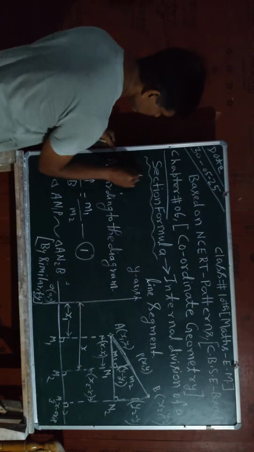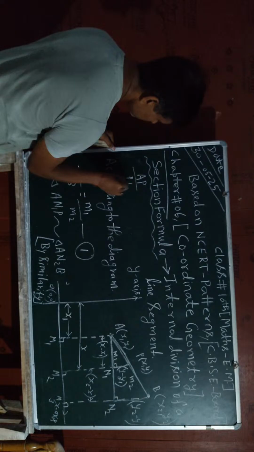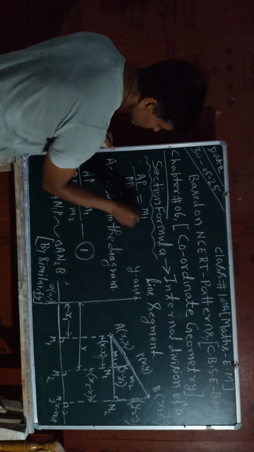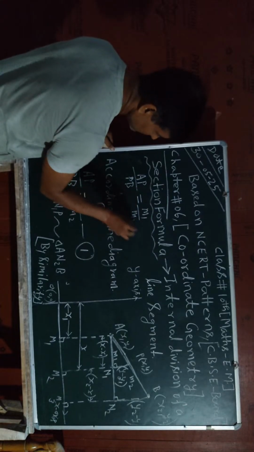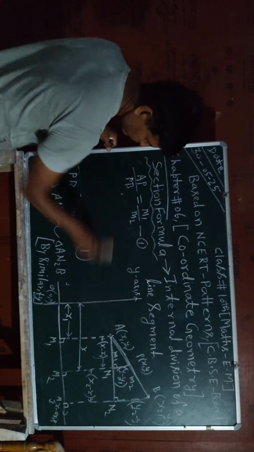I will write AP divided by BP, which is equal to m1 divided by m2. This is equation number 1.